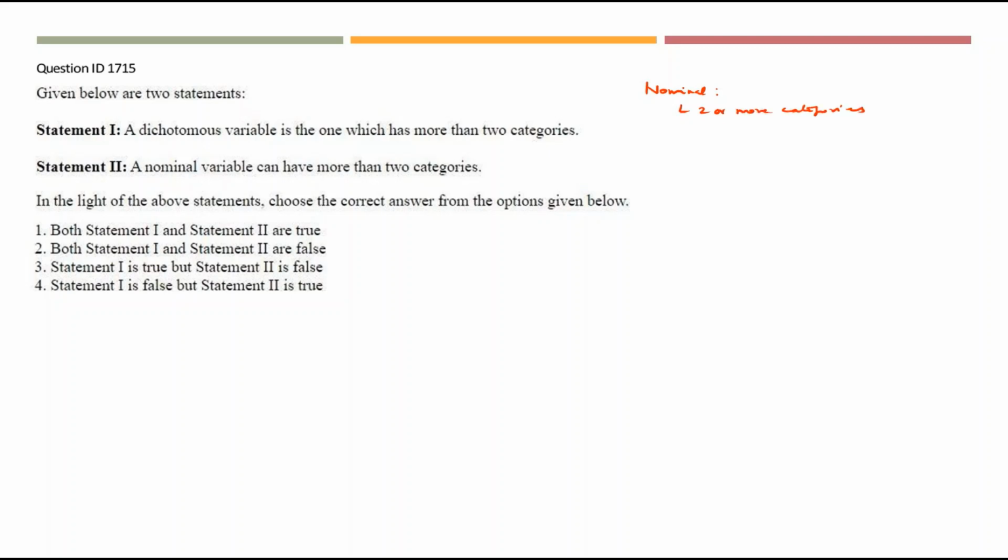No ordering will be there in these categories, but there can be more than two categories, which means statement 2 is true. Then what is a dichotomous variable? These variables can have only one of two values. For example, it can be 0 or 1. So here this statement is false. Option number 4, statement 1 is false but statement 2 is true, will be the right answer.